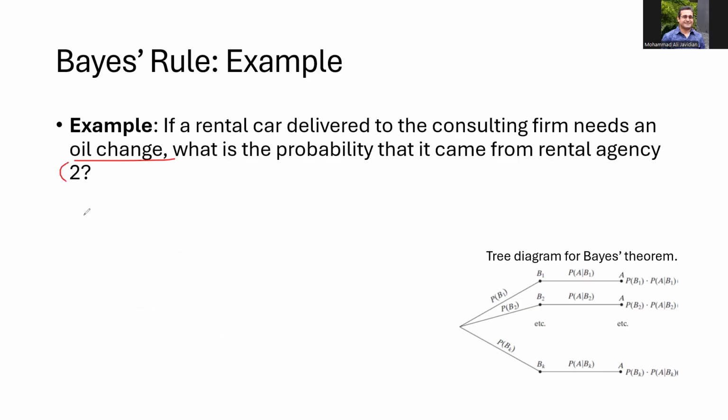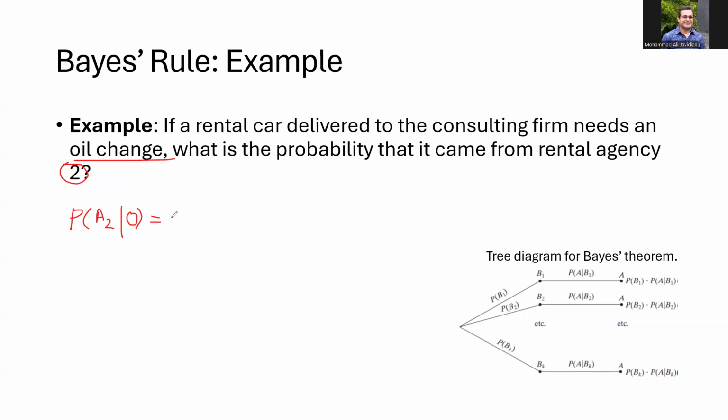So P of agency 2, given the fact that we know it needs the oil change. We want to compute this probability.